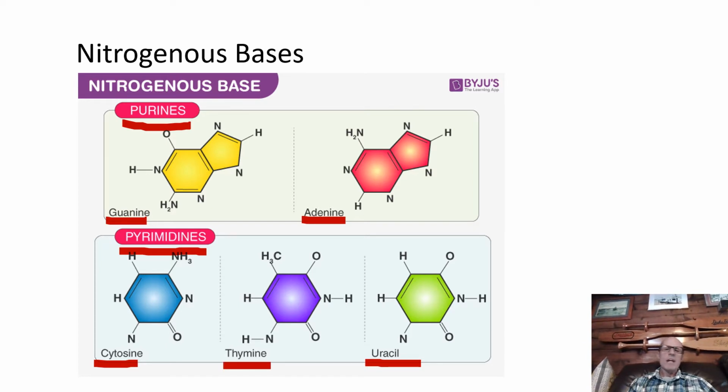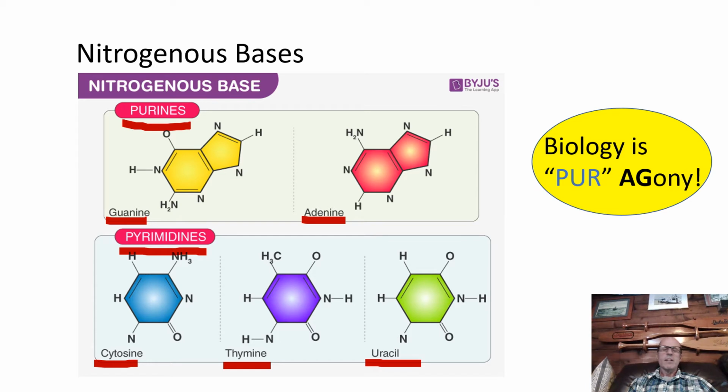There's an easy way to remember the purines from the pyrimidines, and here it is. Biology is pure agony. The purines are adenine and guanine. On the other hand, you cut a pie. The pyrimidines are cytosine, uracil, and thymine.